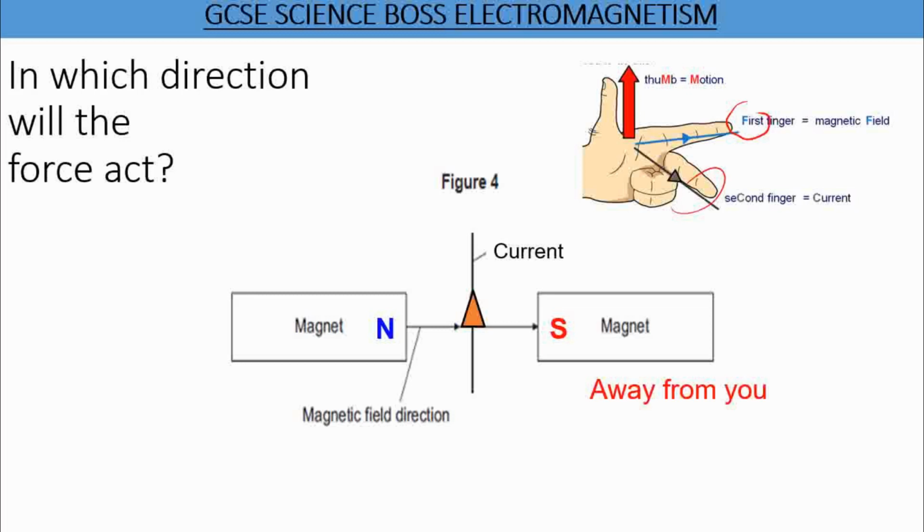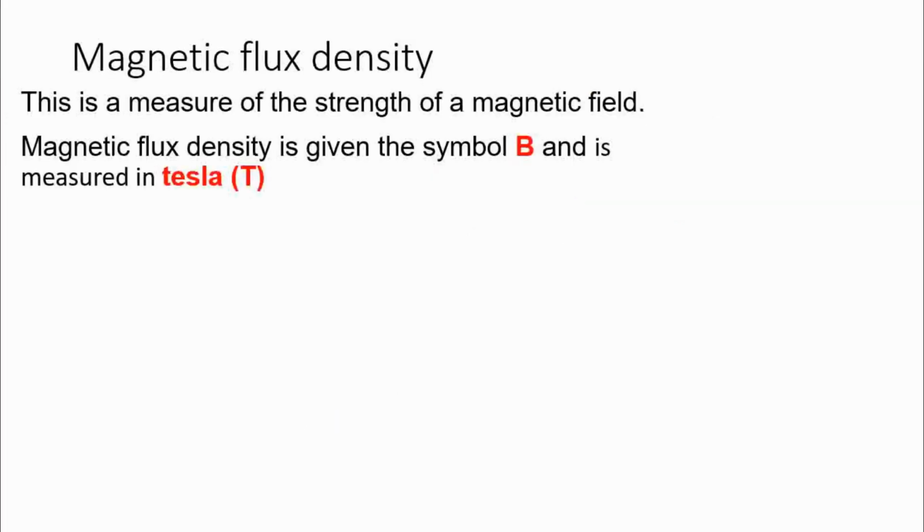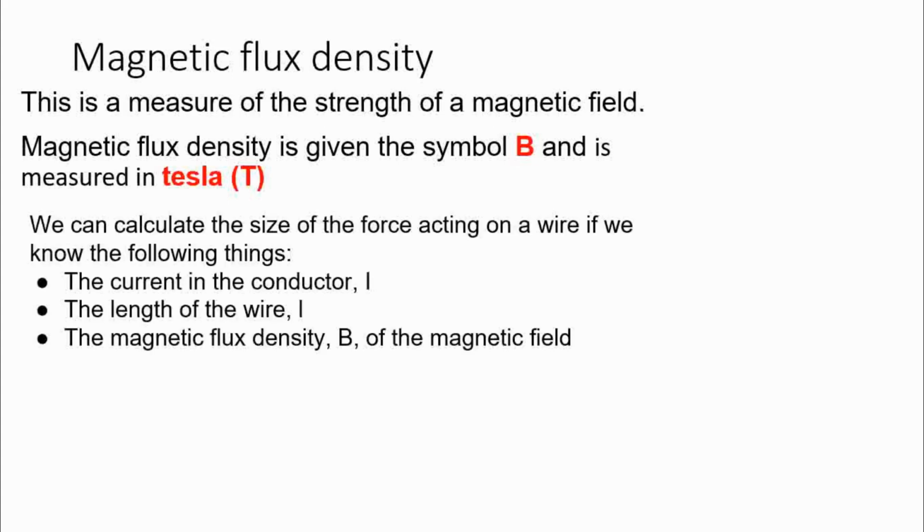Now, we can figure out what force is on that current carrying conductor. The size of the current will affect the force. The length of the wire will affect the force. And the magnetic flux density will affect the force.